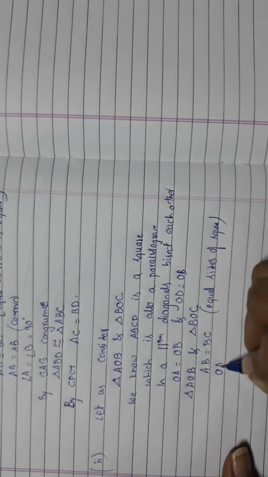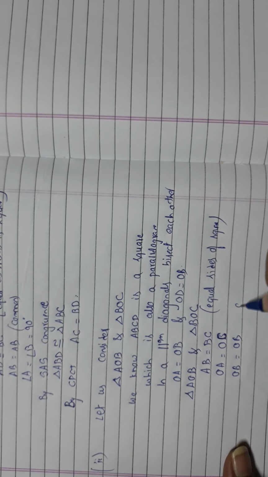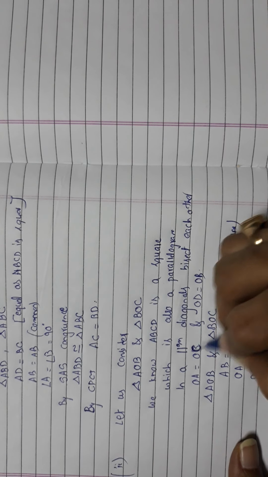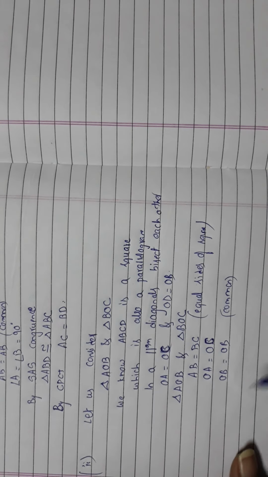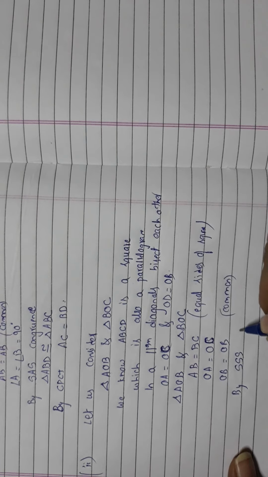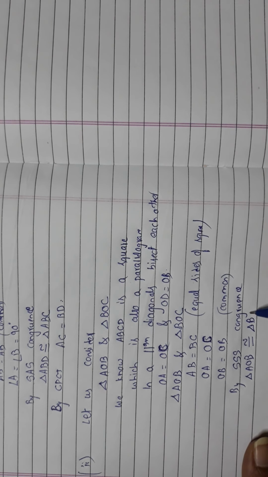Second one we have OA is equals to OC and third one is OB is equals to OB, which is common. So what condition? By SSS congruence, triangle AOB is congruent to triangle BOC.